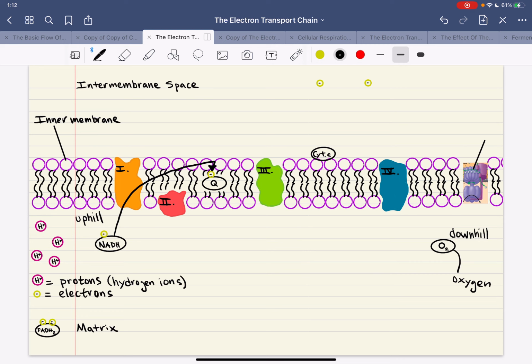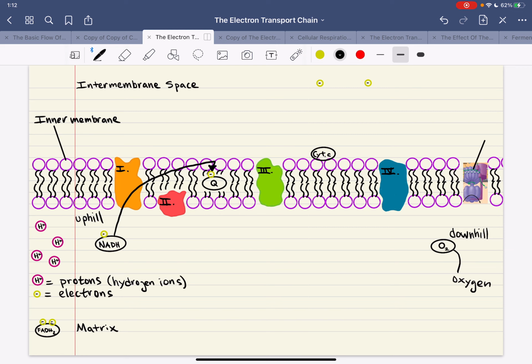Now, something really important happens here. Remember earlier I said to imagine these protein complexes as wheels or turbines, that once this electron passes by downhill, it's going to release some energy and it's going to spin it. So think of this as a wheel that gets spun as that electron passes by.